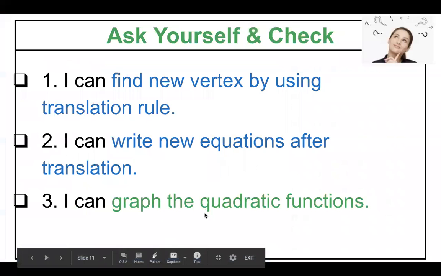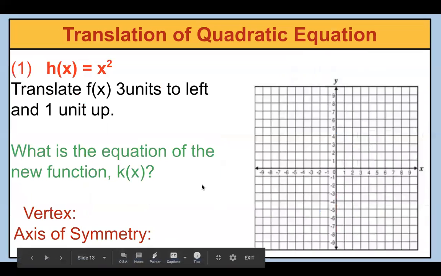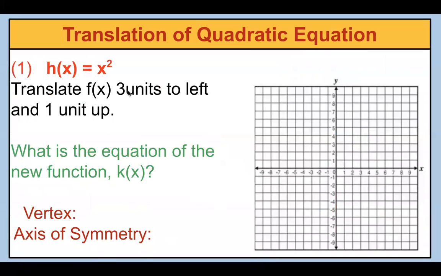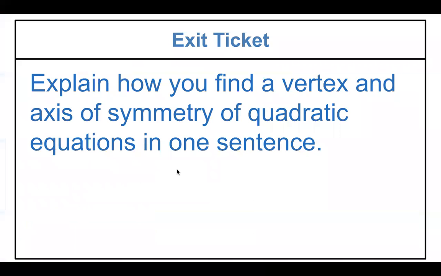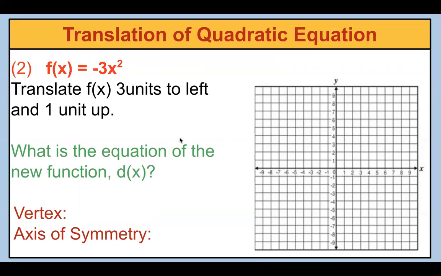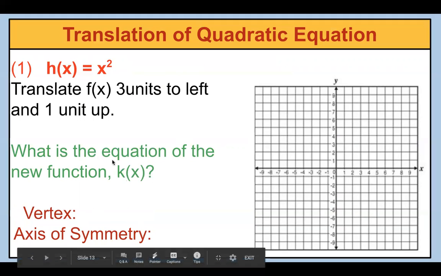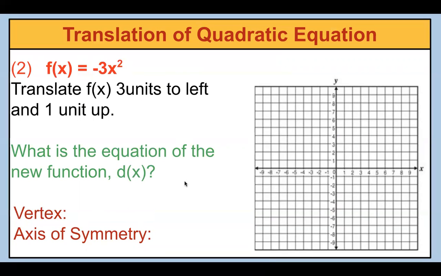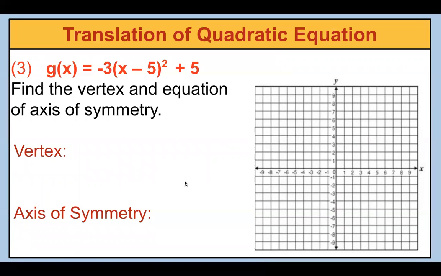So now, if you go down to the packet, you are going to see h of x translated 1, 2, 3. So you are going to find out how you translate, right? To find the translation by using the translation rule, you find the equation, the new function for this one, but this one is already translated. The functions are here.